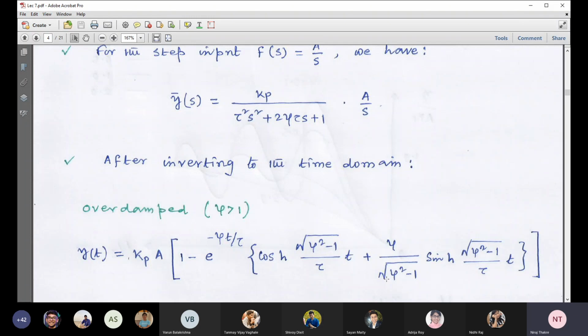I repeat, if we take the inverse of Laplace transform, then for the overdamped system, I mean zeta greater than 1, we get this expression for y(t).